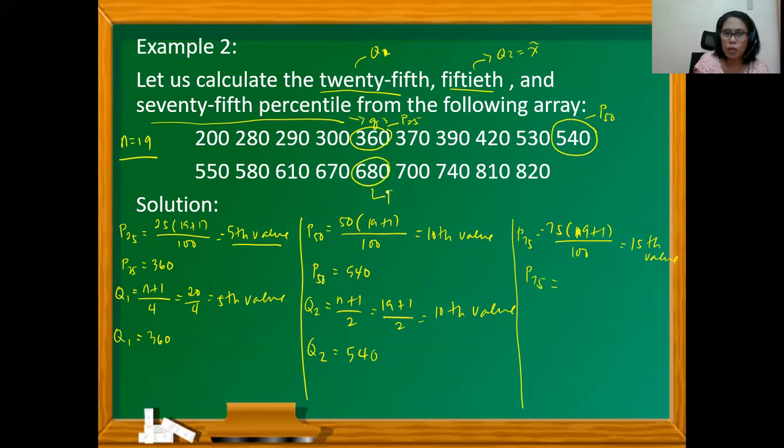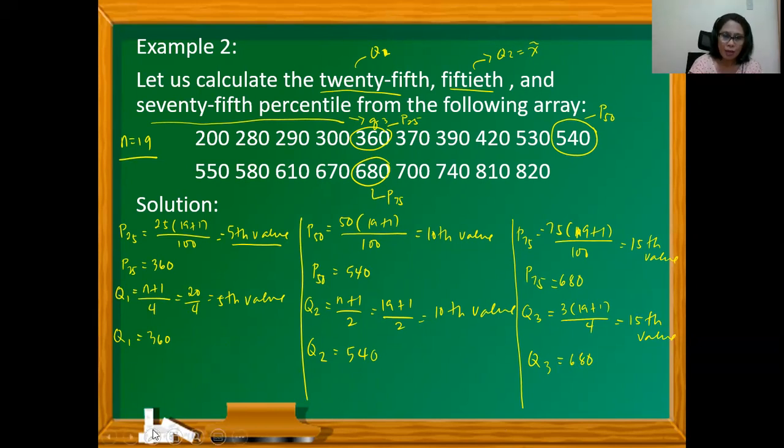And the third quartile is equal to the 75th percentile. The position for the third quartile is 3 times (19 plus 1) all over 4. So this is 3 times 20 divided by 4. And this gives us the same ordinal value, the 15th value. Therefore, the third quartile is equal to the 75th percentile, which is equal to 680.